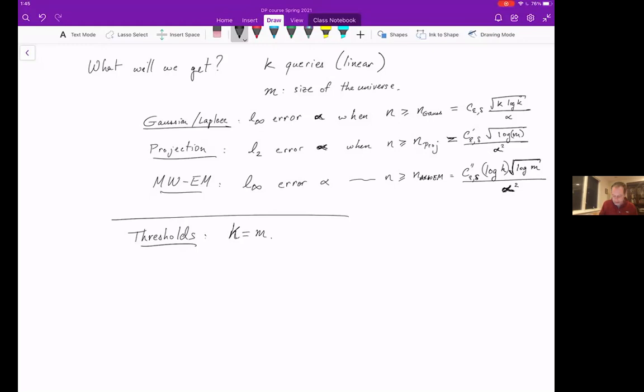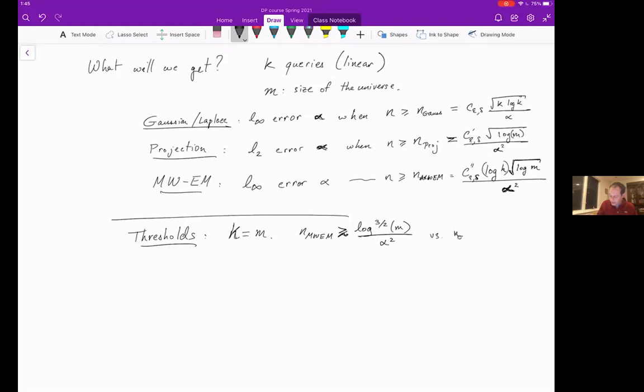And so we'll get something like the MWEM guarantee will tell us that we need sample size at least, and I'm dropping the constants here, so maybe I'll put an approximate just to be clear, something like n log to the 3/2 m over alpha squared.